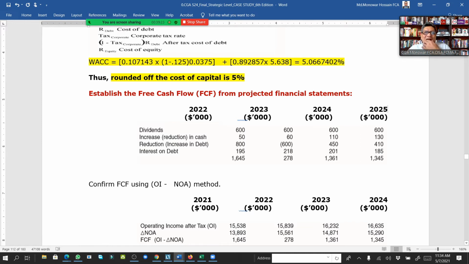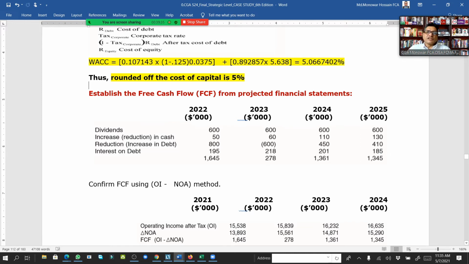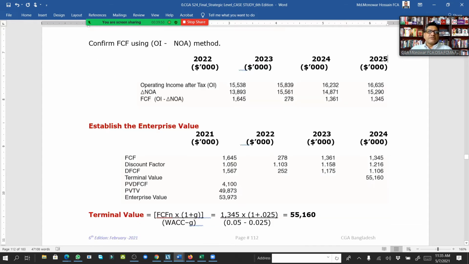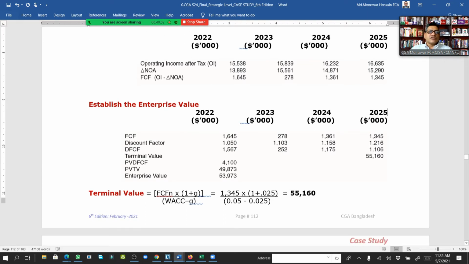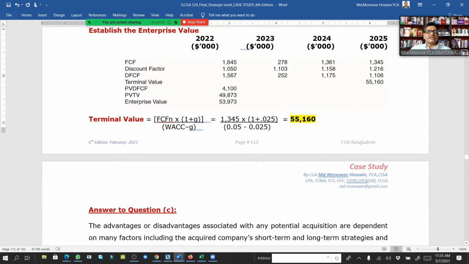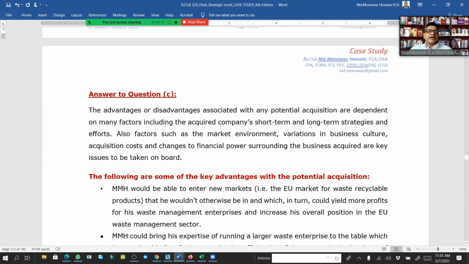Calculate this one; I will give you the sheet also, so just do it in your working paper. Establish the enterprise value calculation and the terminal value calculation. After calculating that, we get the terminal value, this one, 55,160.